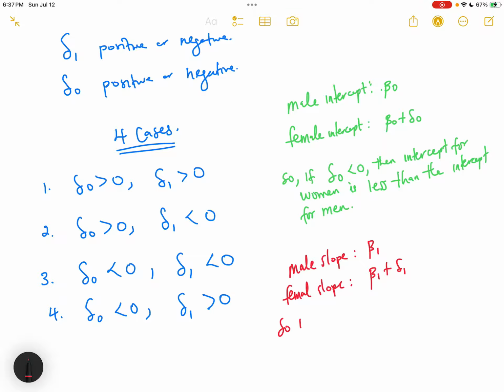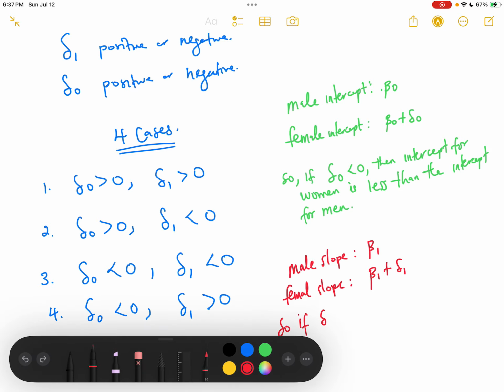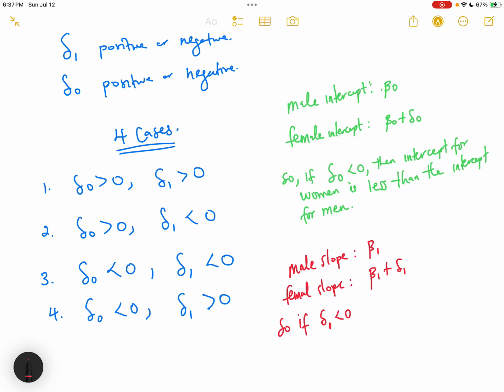So if delta 1 is negative, then that means that the slope for women is flatter than the slope for men.